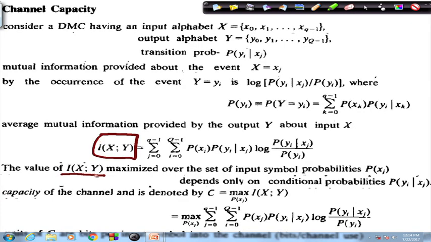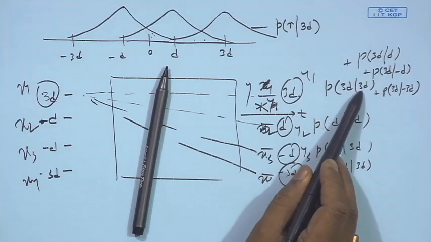So, the value of mutual information is maximized over the set of possible input probabilities. Since you know the transition probability matrix, that is P of y given x, we would like to maximize the mutual information.